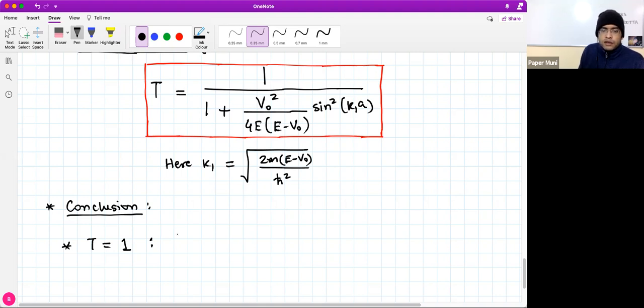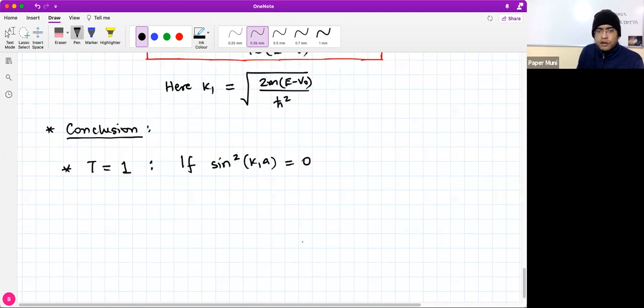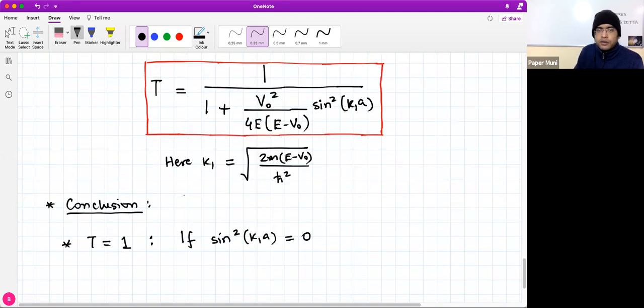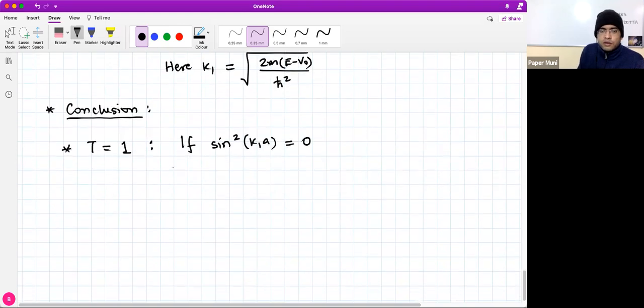So for that, if we put the sine square k1 a term to be zero, then we'll get T equal to one. So what is that? Mathematically, it's not related to what we have done earlier with the 1D potential; this is just the mathematics we are doing here. We are trying to find the values required to get the transmission coefficient one.